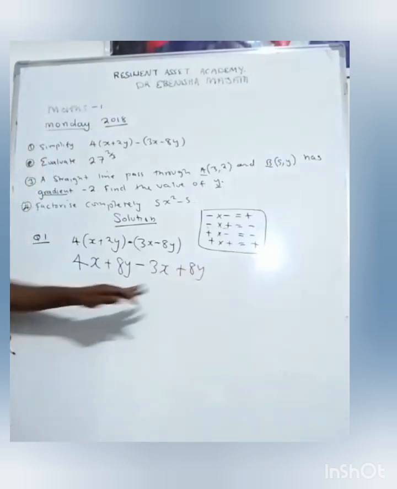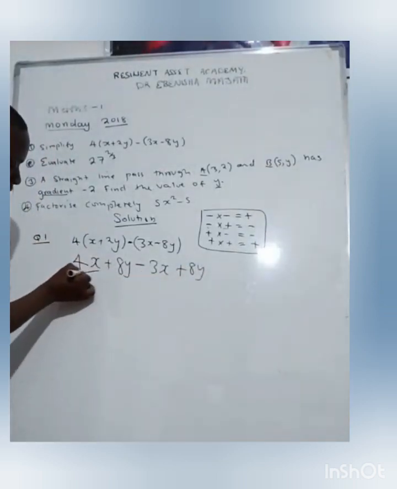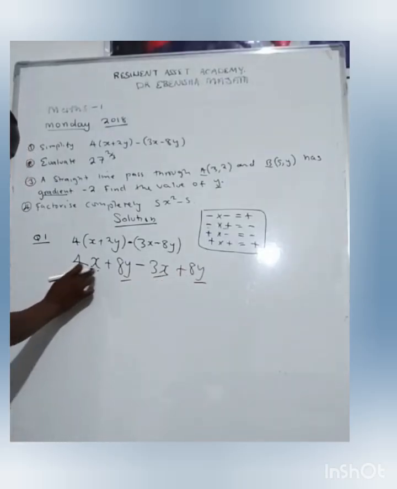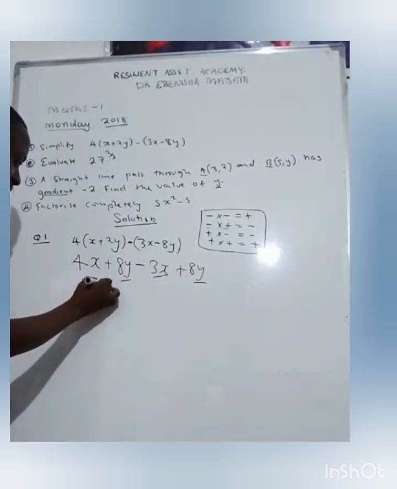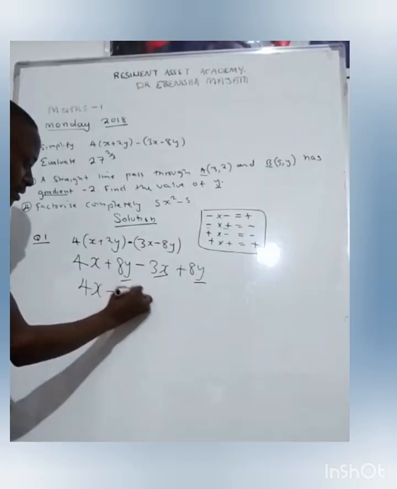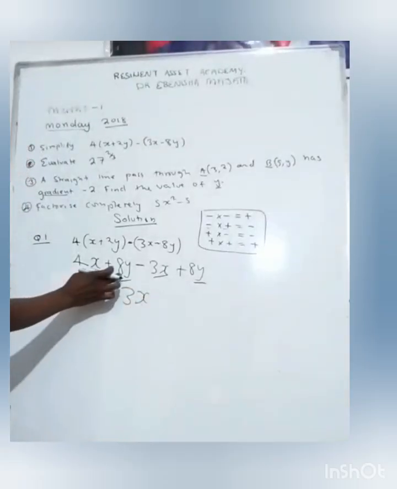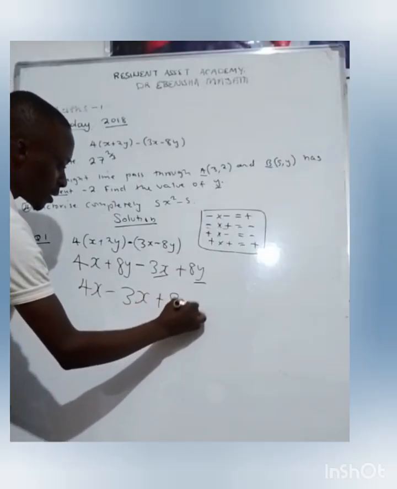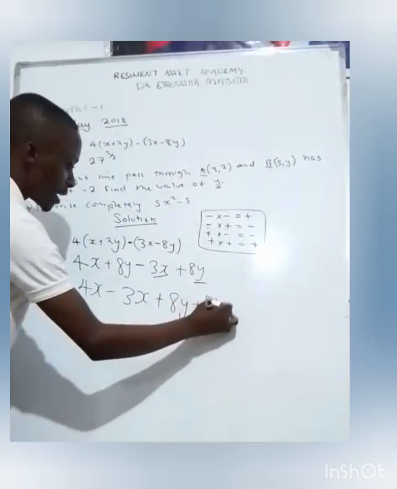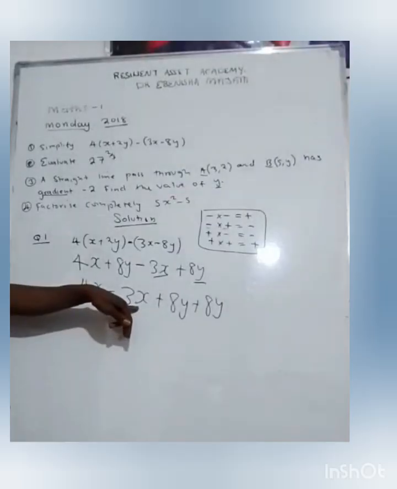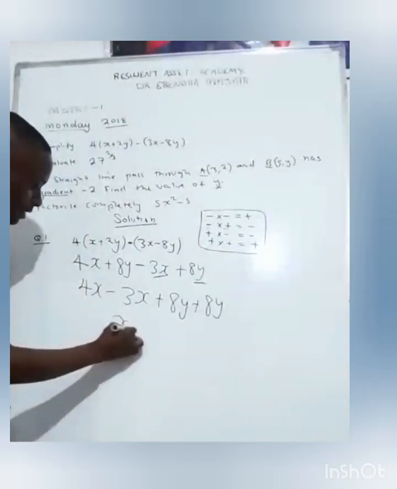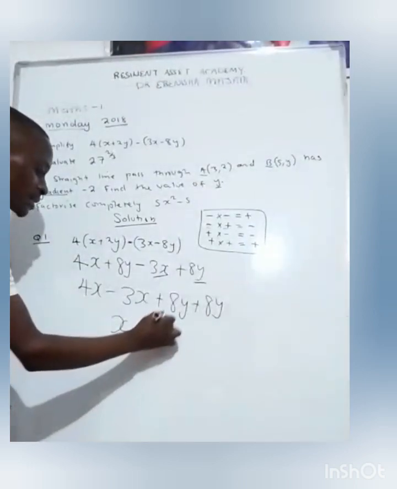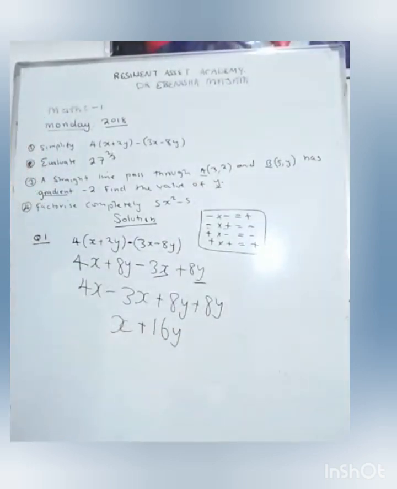Here I said you group those with x and those with y alone. So those with x we have 4x minus 3x, and 8y plus 8y. So 4x minus 3x is just x, and 8 plus 8 is 16y.